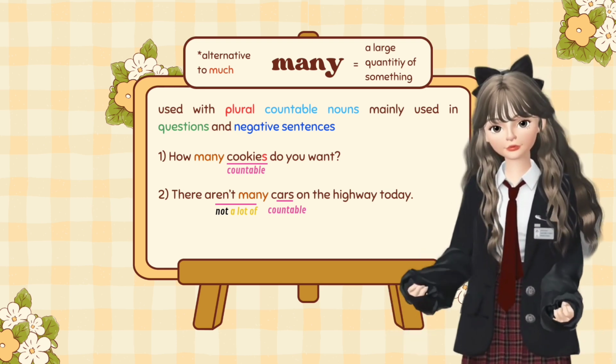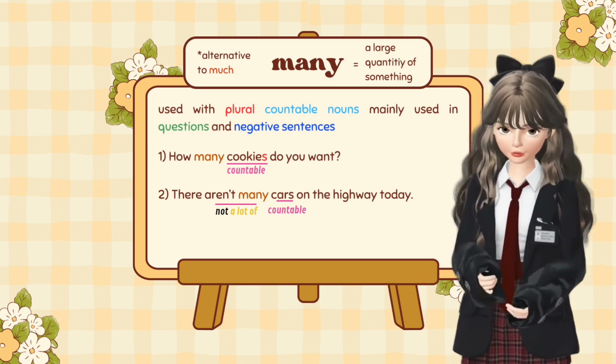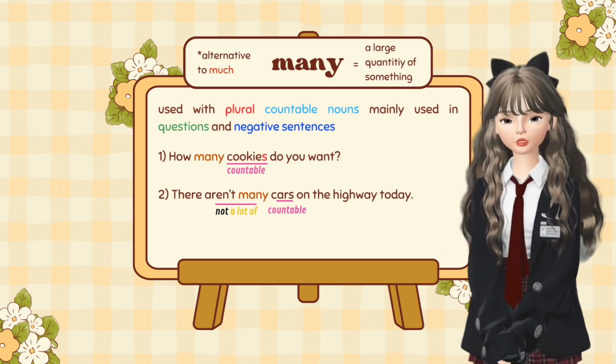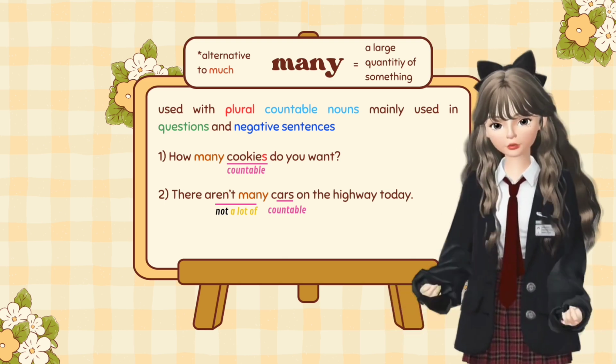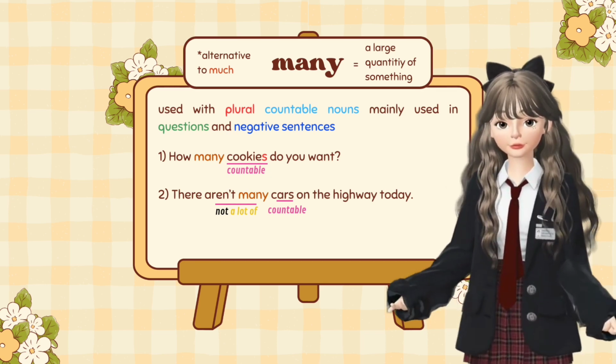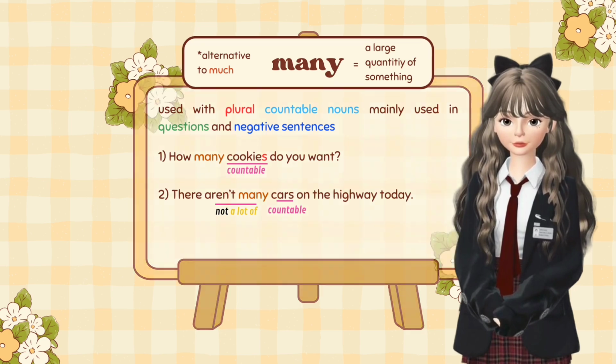In the second example, you will see there aren't many cars on the highway today. Alright, so many means a large quantity, so if we say that there aren't many, we mean there are not a lot of cars on the highway, okay? Cars, countable noun. That's how you know which one to use.